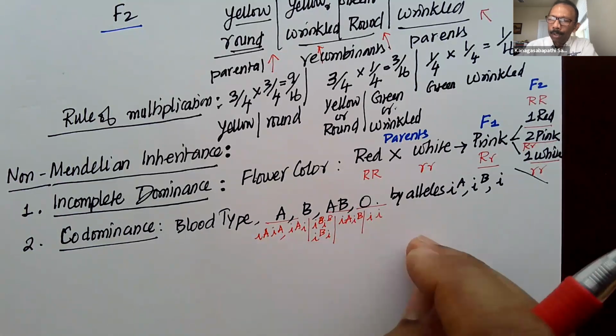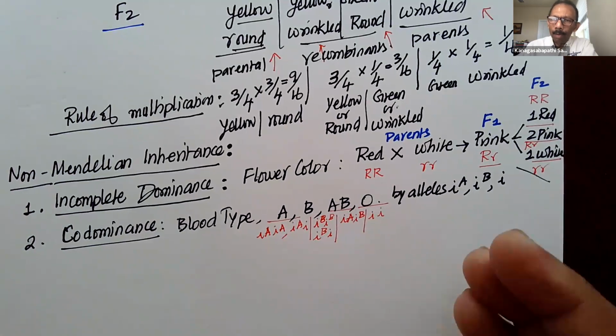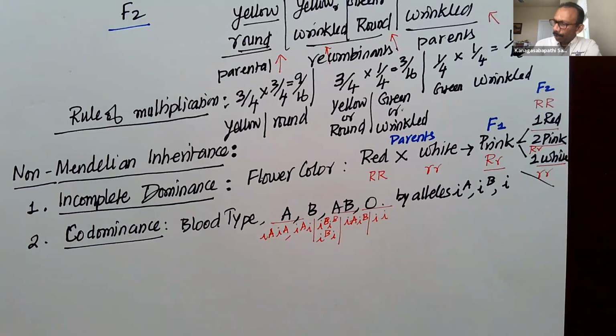So A is not dominant over B, and B is not dominant over A. That's called codominance.